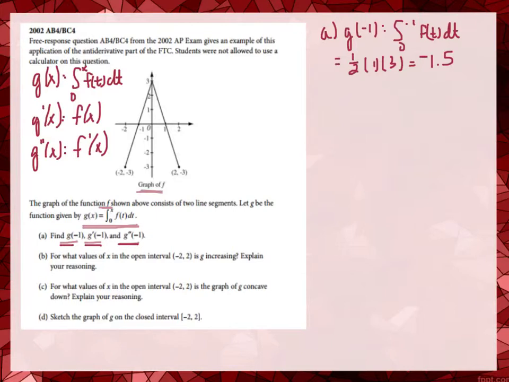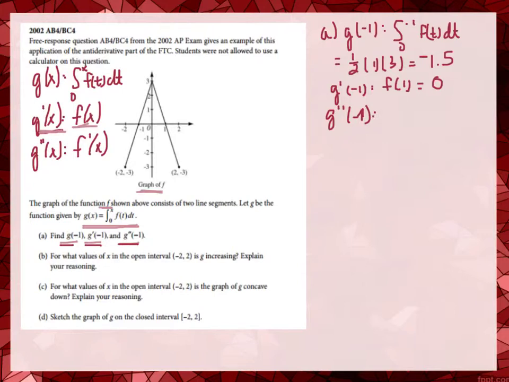Now I'm going to do g prime of -1. Well, g prime of -1 is the same thing as f of -1, because remember that g prime is equal to f of x. So I just look at my graph, and f of -1 would be 0. And then the last thing would be g double prime of -1.